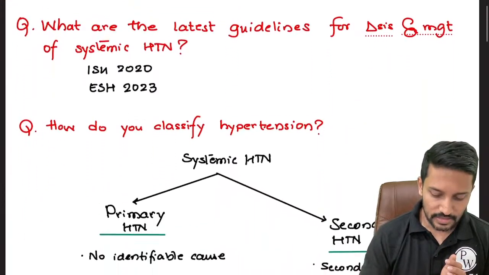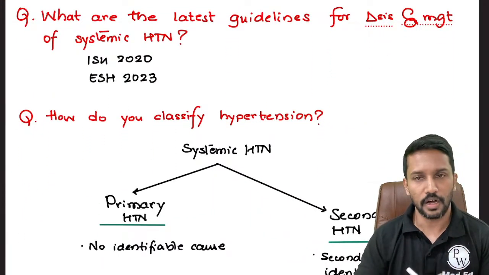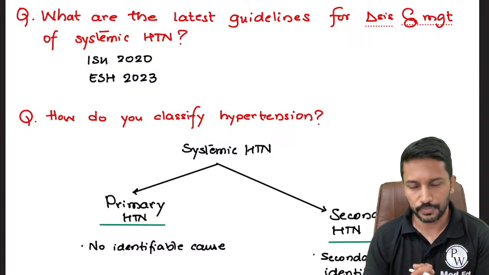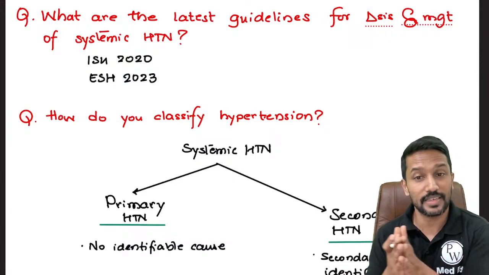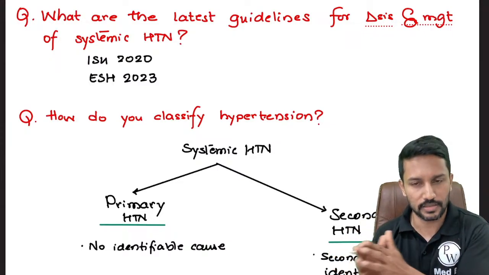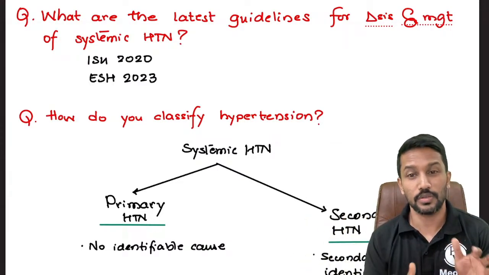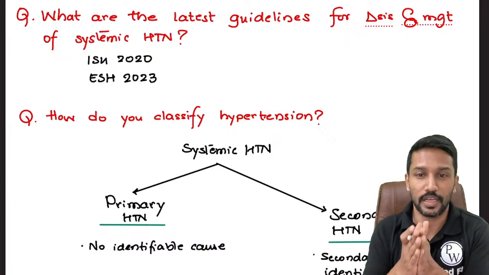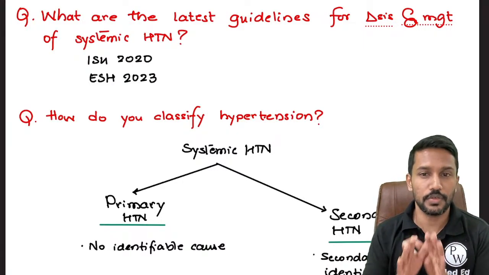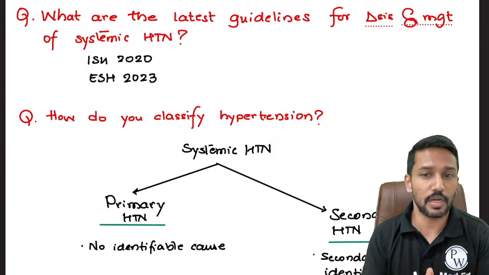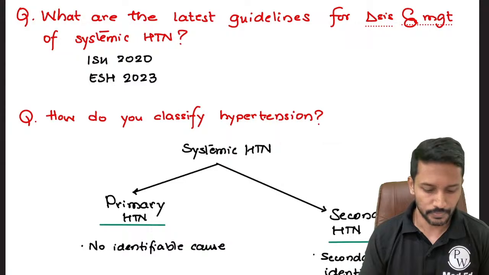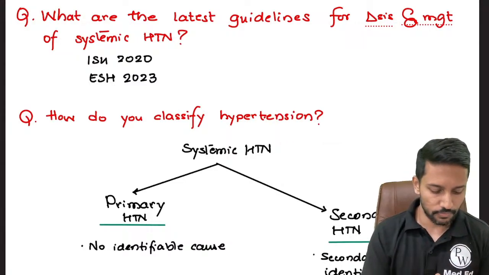Now, what are the latest guidelines used for the diagnosis and management of systemic hypertension? Well, time and again, our guidelines get revised. From diagnostic cutoffs to management targets, everything changes based on recent literature and the evidence of treatment and its outcomes. That is why we should always be updated with respect to hypertension diagnosis and management guidelines. Among the latest guidelines, we have two important ones.